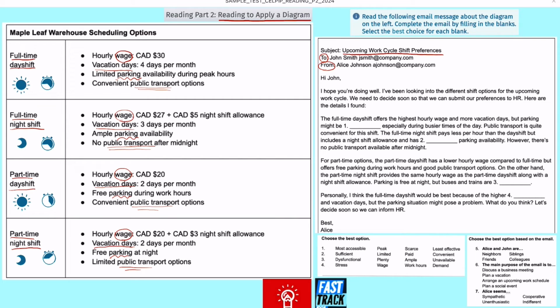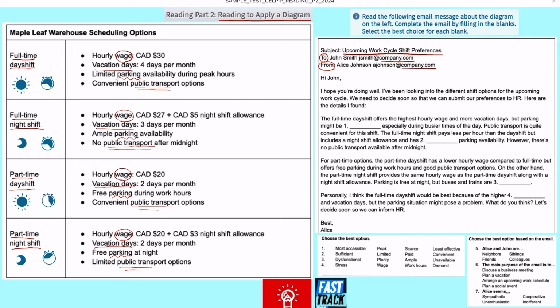So Alice and John are the 2 people involved in this scenario. And as you can see here, the emails come from company.com. That's the domain. So that can also help us maybe answer some of the questions. All right, so we now have familiarized ourselves with the context, and we're going to start reading the email.